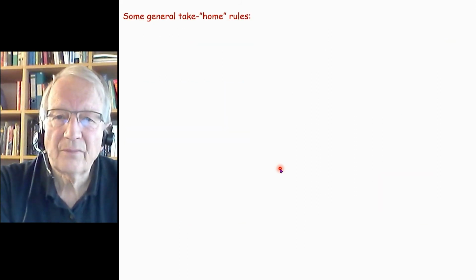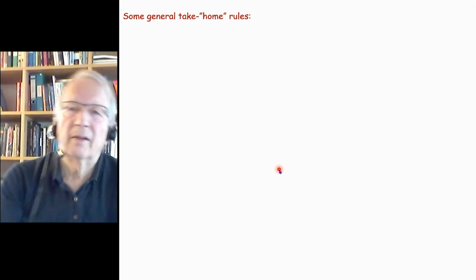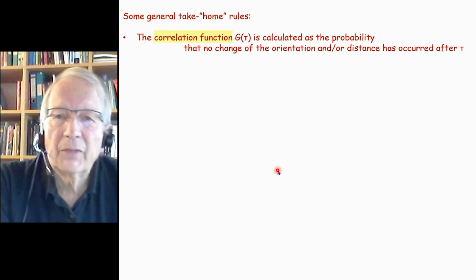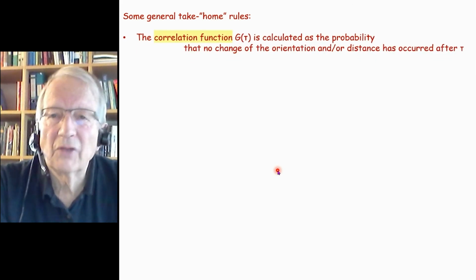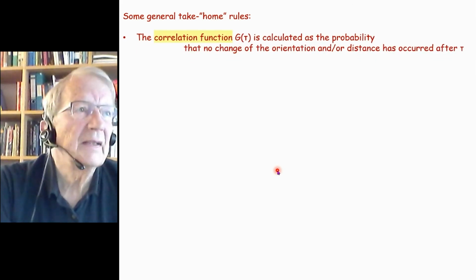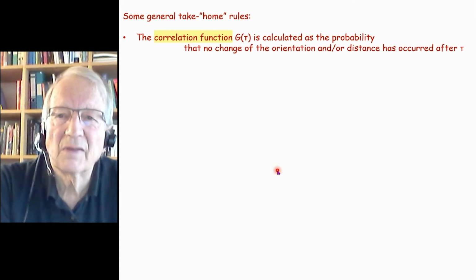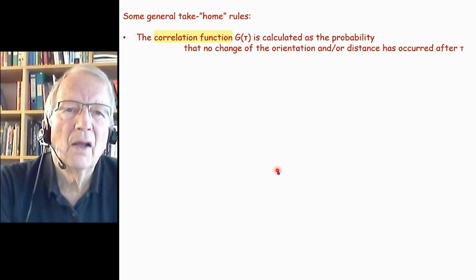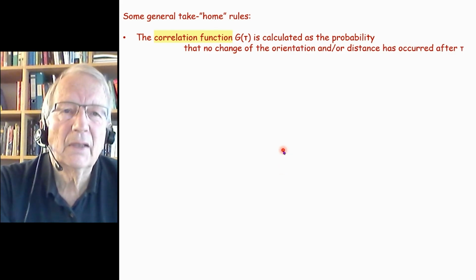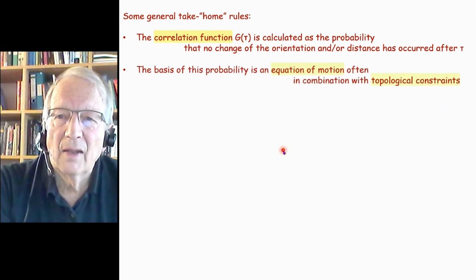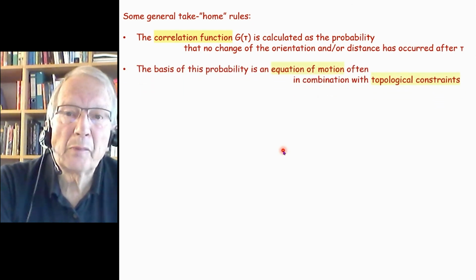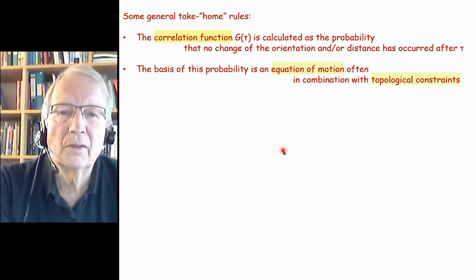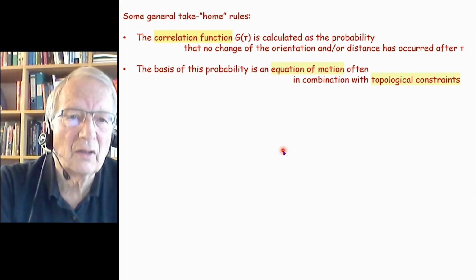Okay, let me finish by listing some take-home rules. First, we have seen that the correlation function is calculated as the probability that there will be no change of the orientation and of the distance in an interval tau. The basis of this probability is an equation of motion, often in combination with topological constraints.